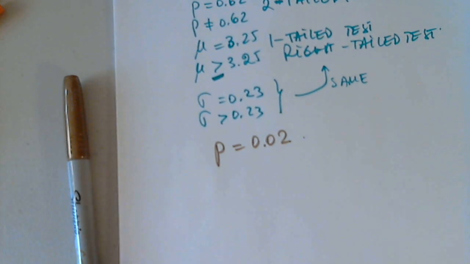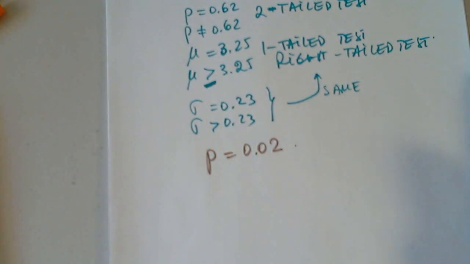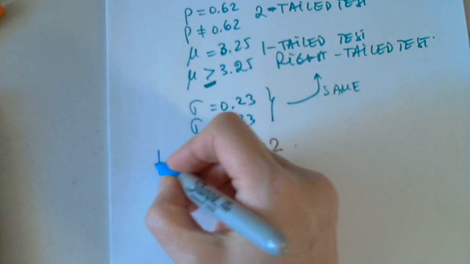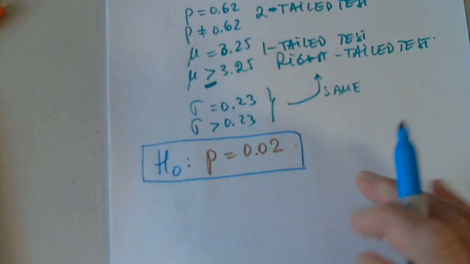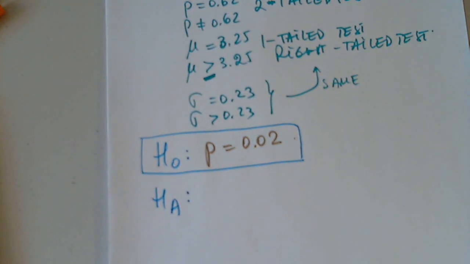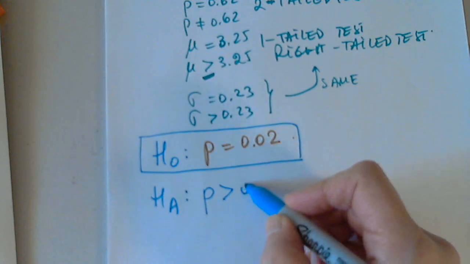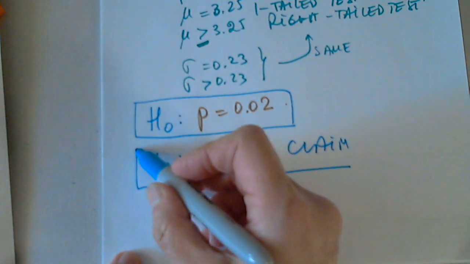So first of all, what will be the null hypothesis here? This is the null hypothesis. This was known from the past. And now we have to think about the claim. What is the claim? More than 2%. Very good. This is the claim, and this is the alternative hypothesis.